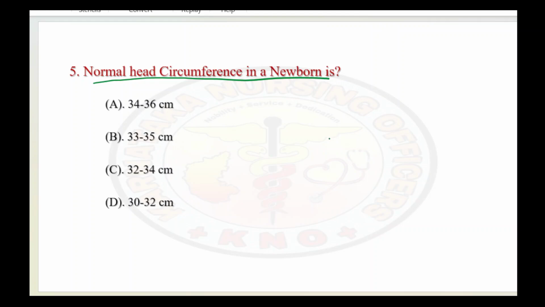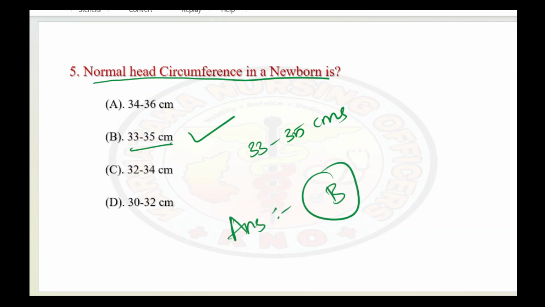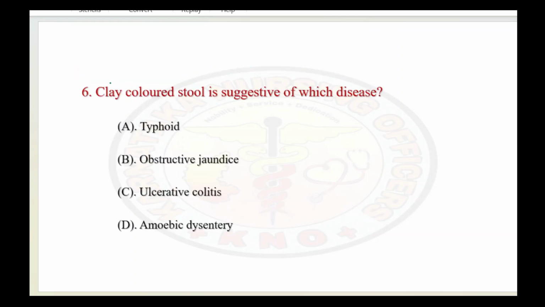In this, I will just tell you the normal values, but if you want to know the complete growth and development, kindly check out KNO Academy. Head circumference in a normal newborn will be 33 to 35 centimeters. So answer is B. Next question.